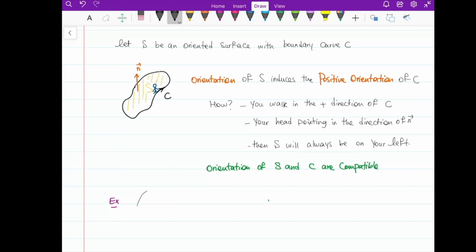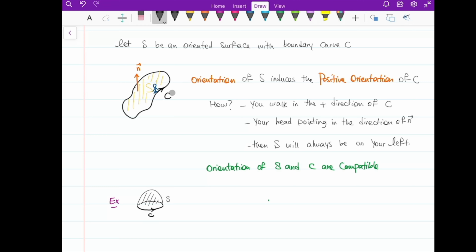Let's have the surface S as, for example, the top half of a sphere, and this is our S. The curve C, which would be the boundary curve, is this one, and the direction of the curve C is given.